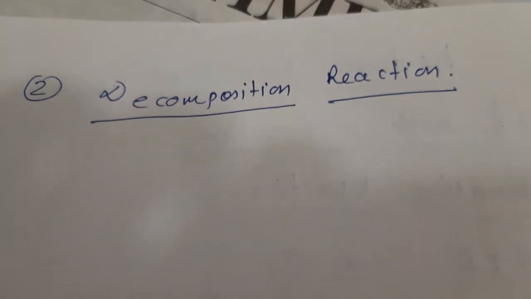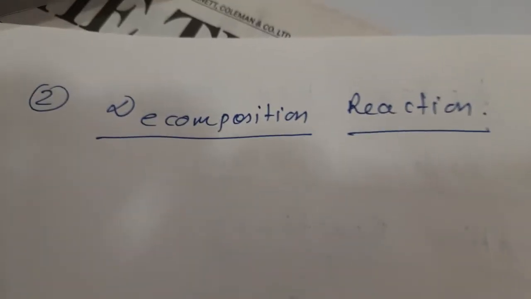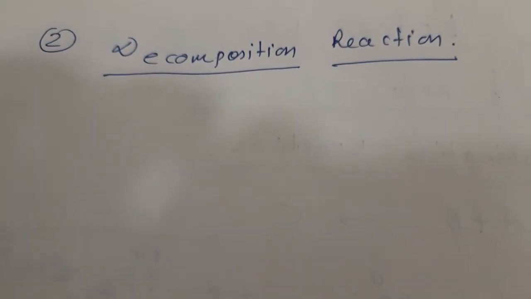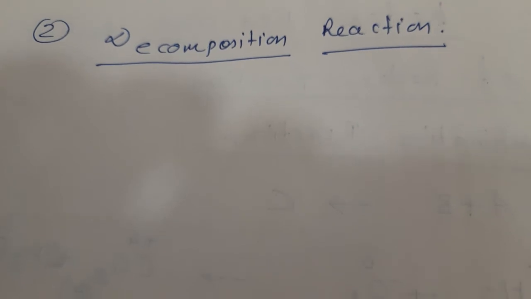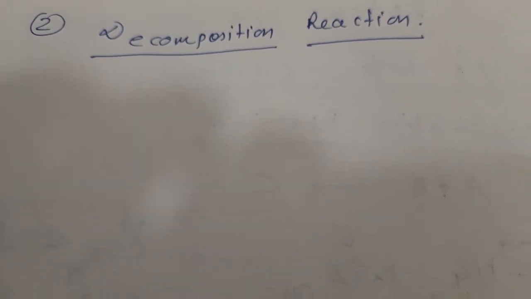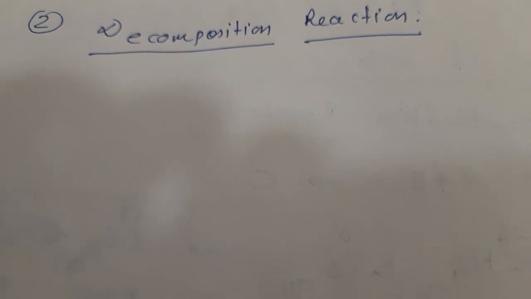In a decomposition reaction, it is just the opposite of a combination reaction. In combination, two elements combine, or one element and one compound combine, and form the product. Here a decomposition reaction leads to breakdown of a compound into two or more components, in which at least one of them must be in elemental state.